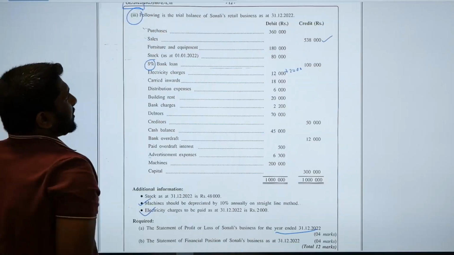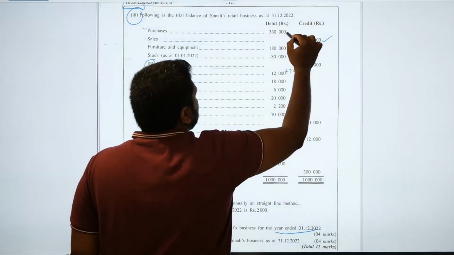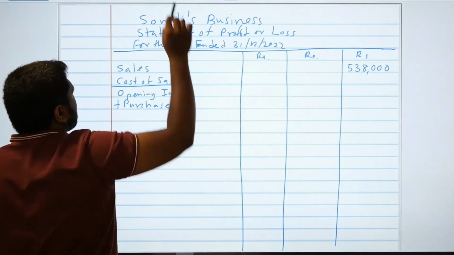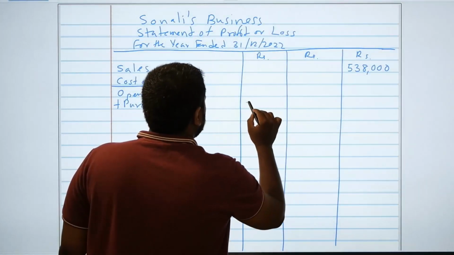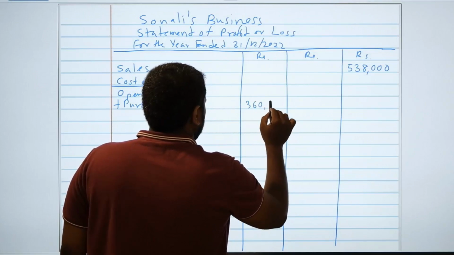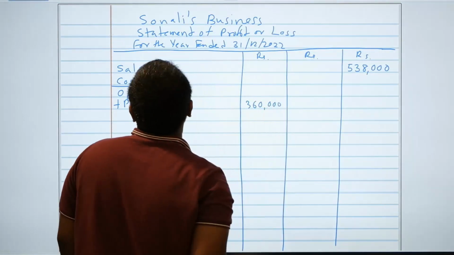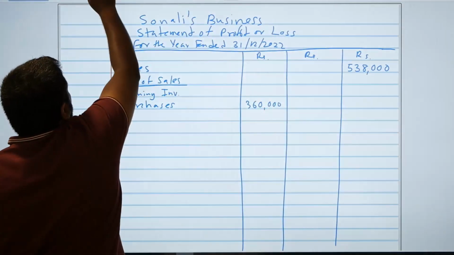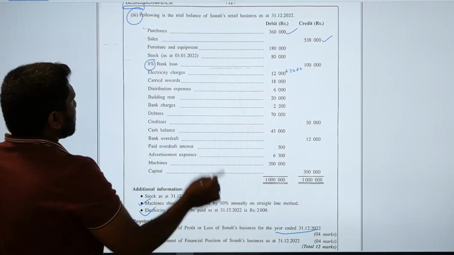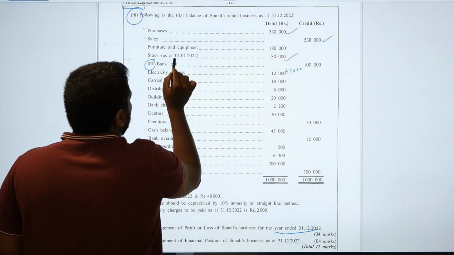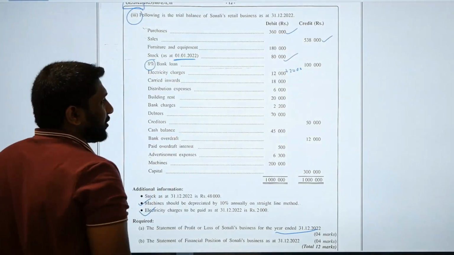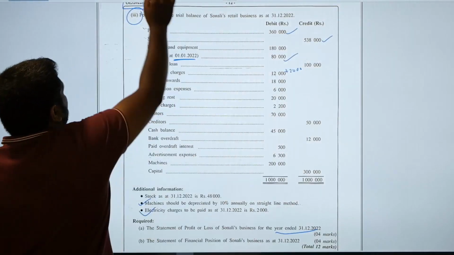How much are the purchases that they have given? 360,000. Purchases 360,000. And they have given the opening inventory also. Here, opening stock 80,000, dated 1st January 2022.